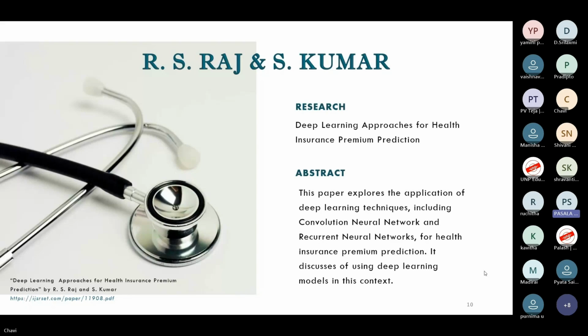So in their research, some of the key findings are improved accuracy for high risk policyholders, potential for personalized pricing, importance of claims data, and also handling the high dimensional data. So from their research, they summarized that these deep learning approaches are highly effective in predicting the health insurance premium. Specifically, they said that the claims data is crucial and deep learning can handle the complex data.